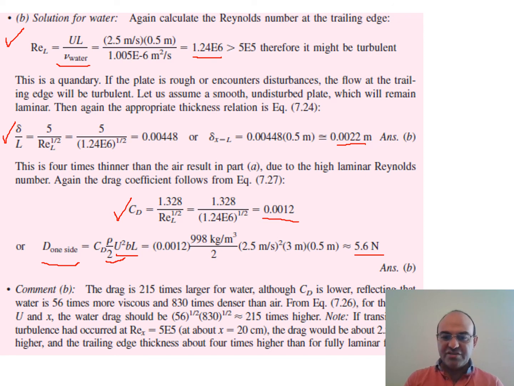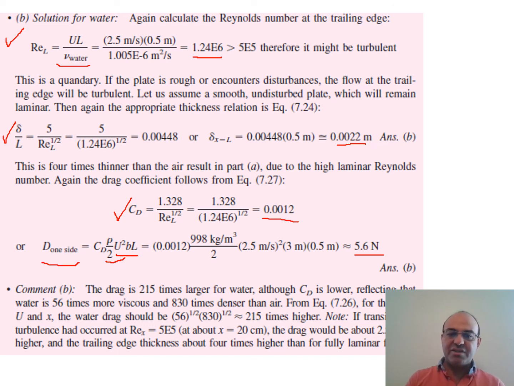So the drag is 217 times larger for water compared to air, although CD of water is lower than CD of air, reflecting that water is 56 times more viscous and 830 times denser than air.